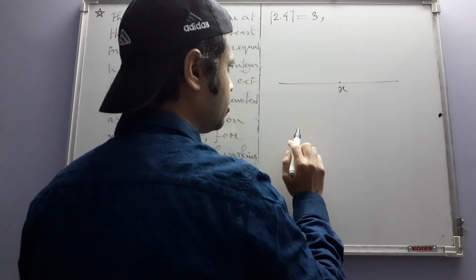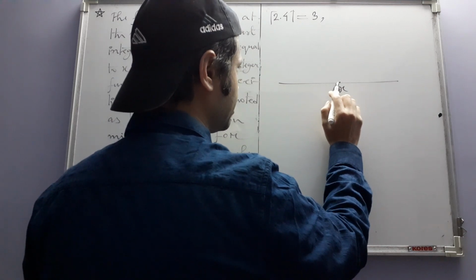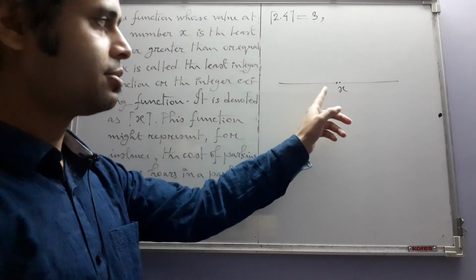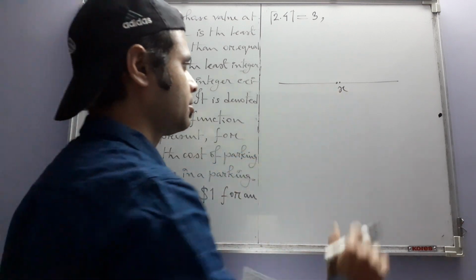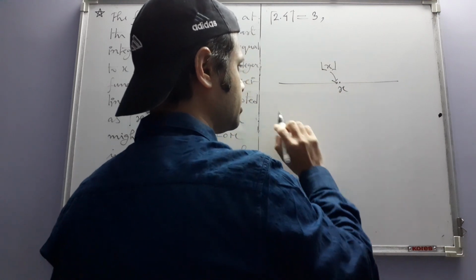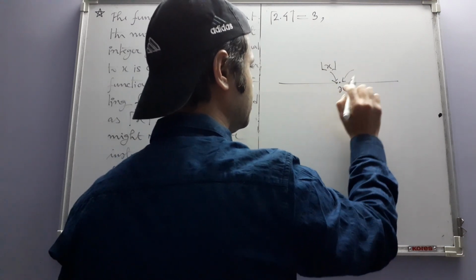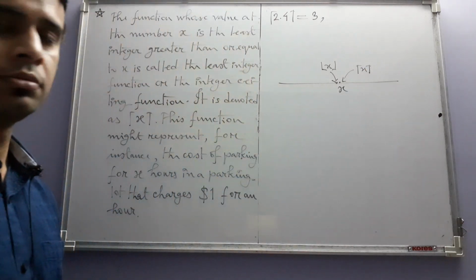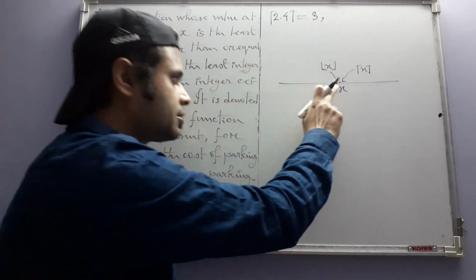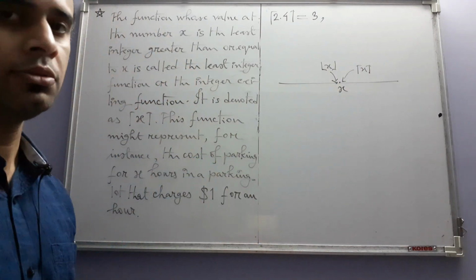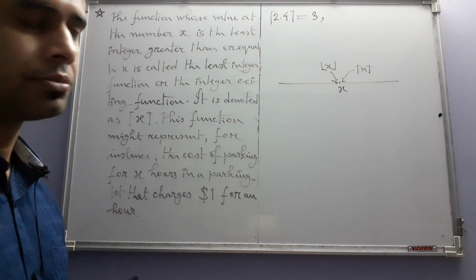To find the floor value, you look at the closest integer that lies to the left of x. That is the floor value. And the closest integer that lies to the right of x is the ceiling value. If x is an integer, then these two values are equal to x. Otherwise, they are not.